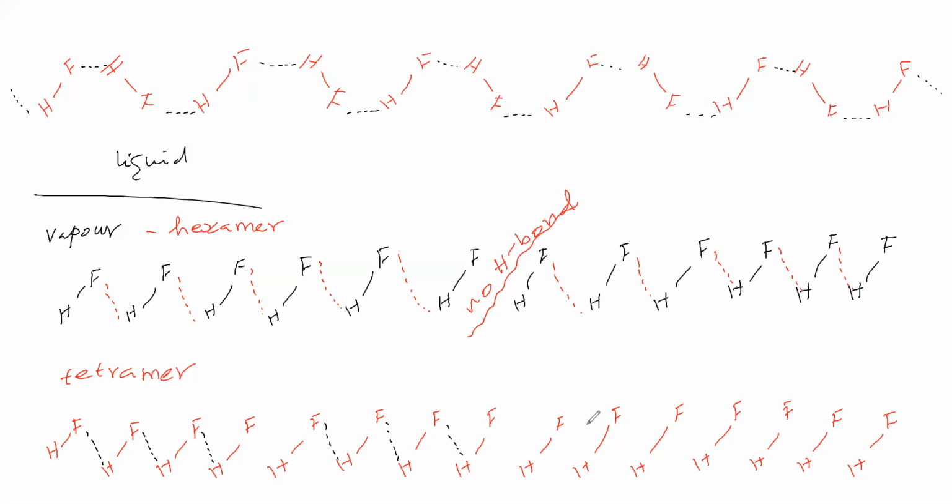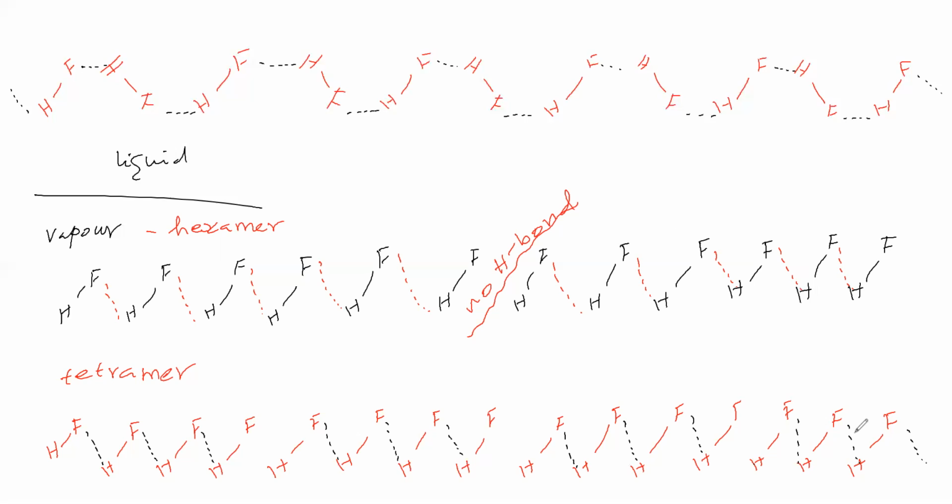Here no hydrogen bonding. Here hydrogen bonding. Here hydrogen bonding. Okay, so 1, 2, 3, 4. So this hydrogen bonding will not be there. Here no hydrogen bonding. Next, here hydrogen bonding, next molecule hydrogen bonding.